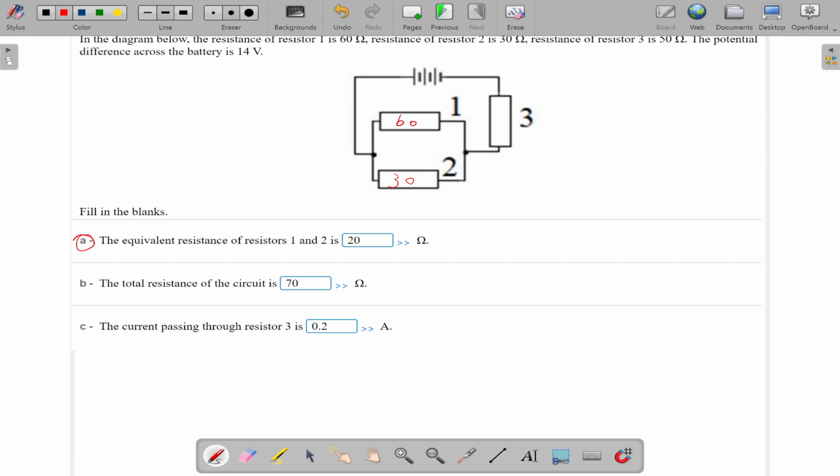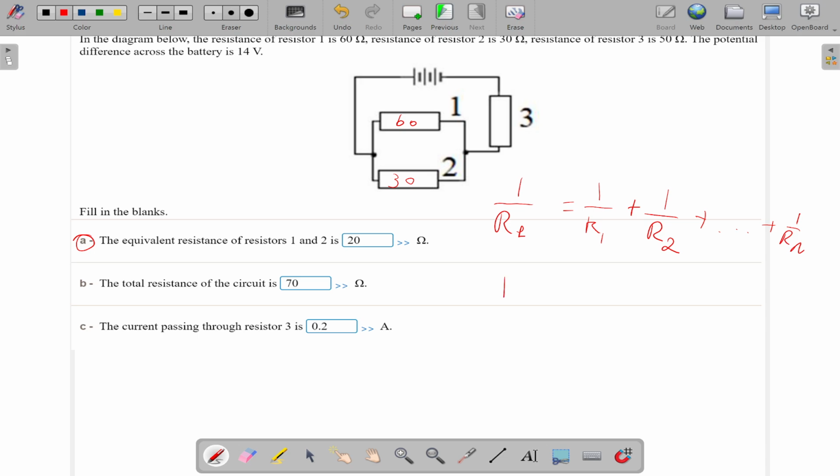And in parallel circuits, you already know 1 over R equivalent is equal to 1 over R1 plus 1 over R2, all the way until plus 1 over Rn. Okay.